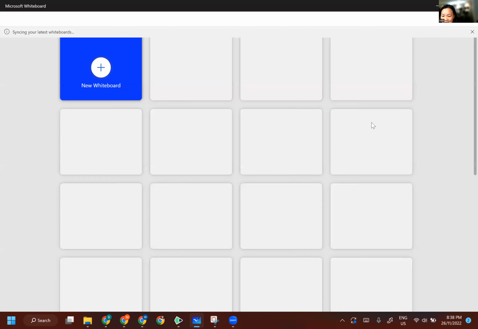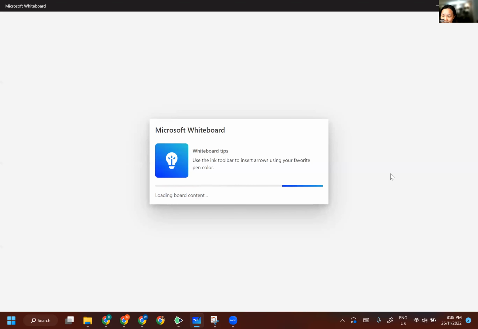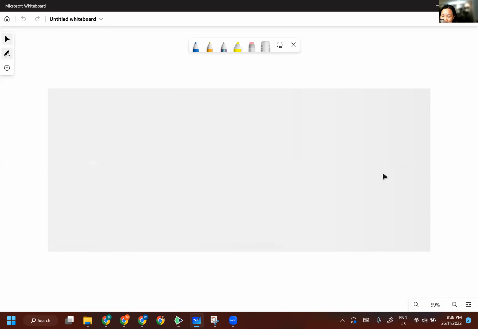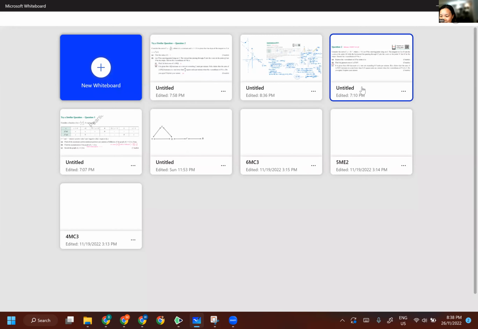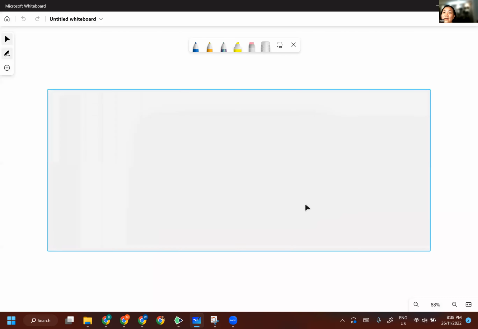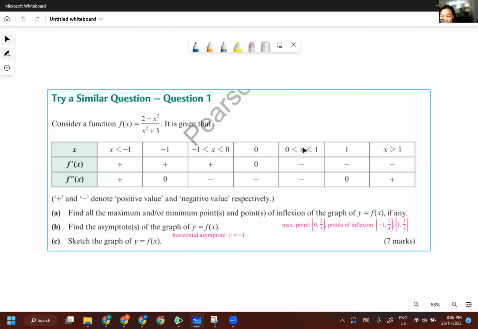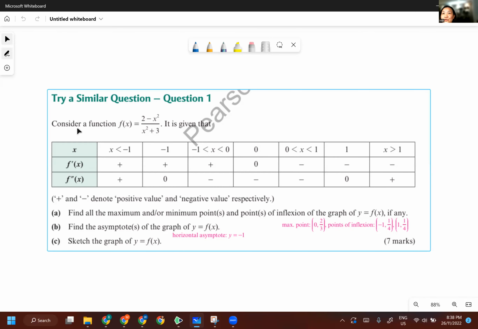Now, we have a question similar to this. Okay, it's not this one. Where is it? This one. It's in the textbook. You can see it in your textbook.